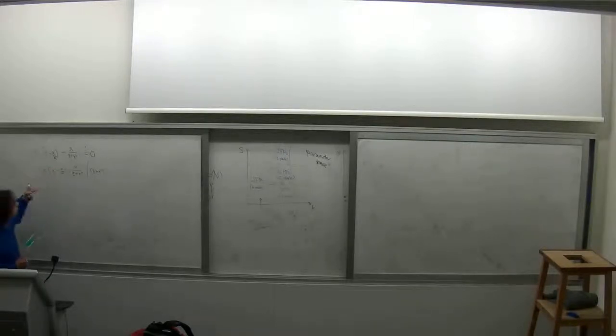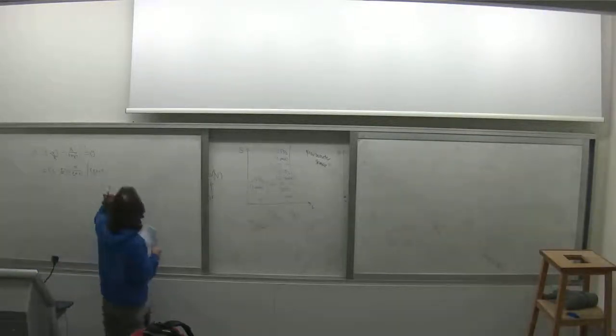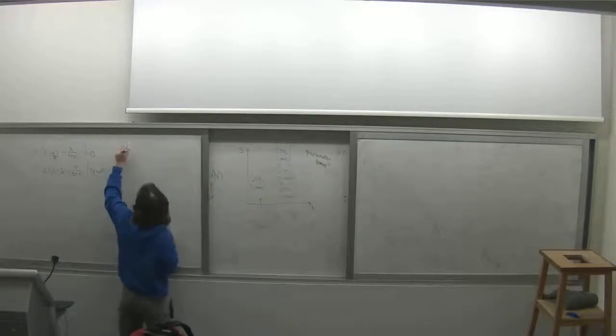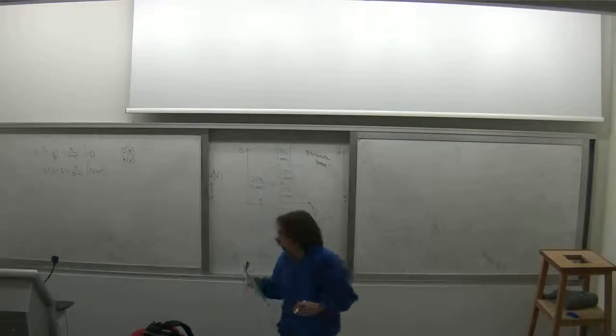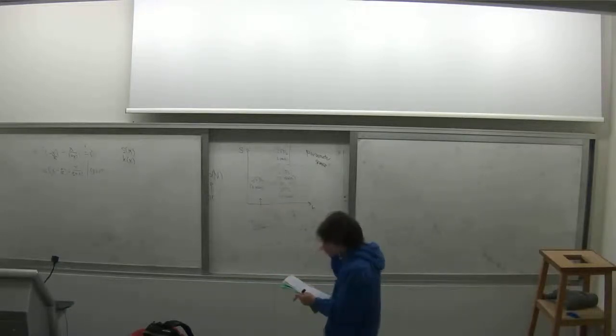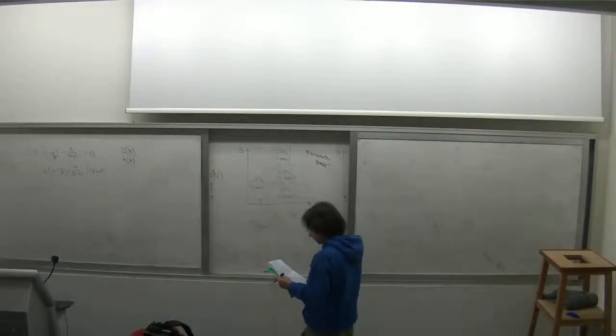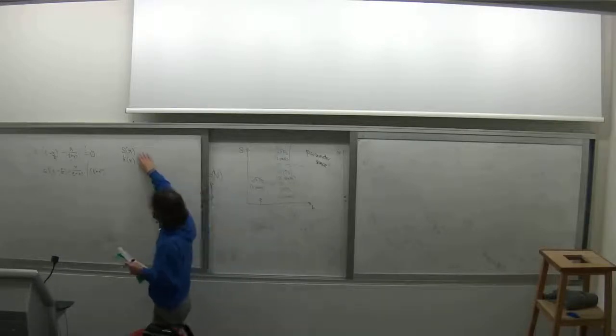So I will be looking for curves, S as a function of x and K as a function of x, that will define the bifurcation points. And these are called parametric curves.